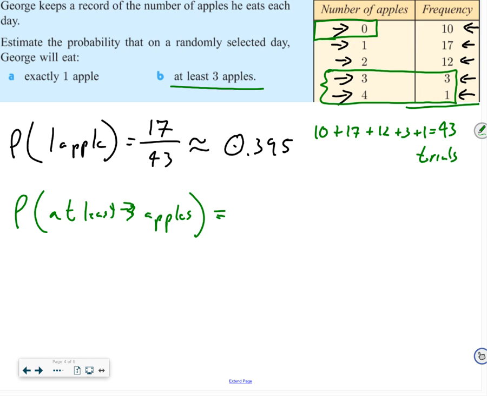The frequency that he ate 3, I add these two together, so I'm going to have 4 over the 43 days that he ate them. I can put that in my calculator, and I'm going to get approximately 0.093 as my relative frequency.